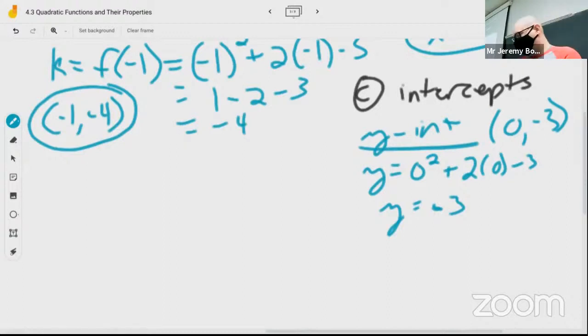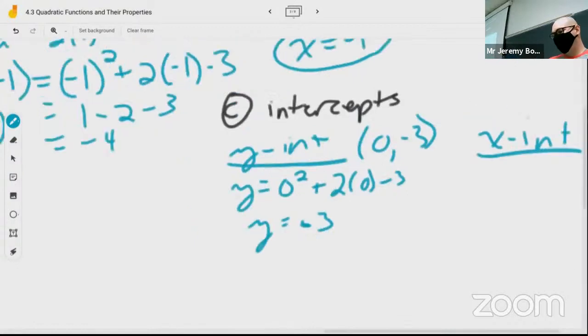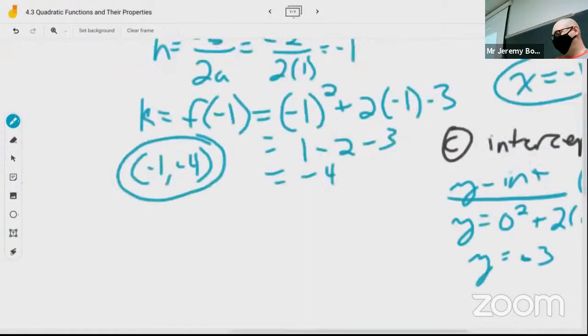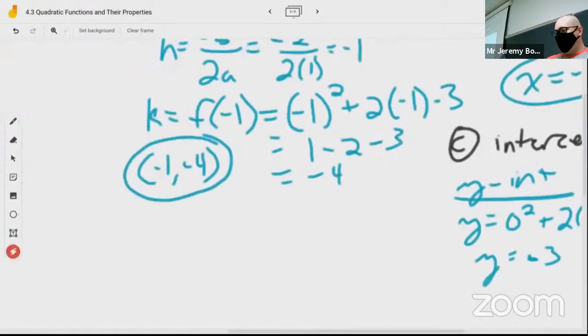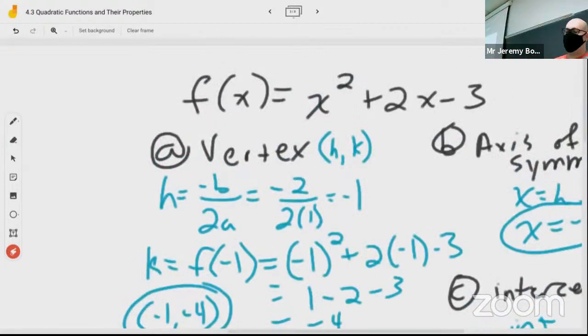How about the x-intercept? We can determine first if we're going to have an x-intercept. If my vertex is negative 1, negative 4, that means it's below the x-axis. And it opens upward because the a value is 1, which is positive.